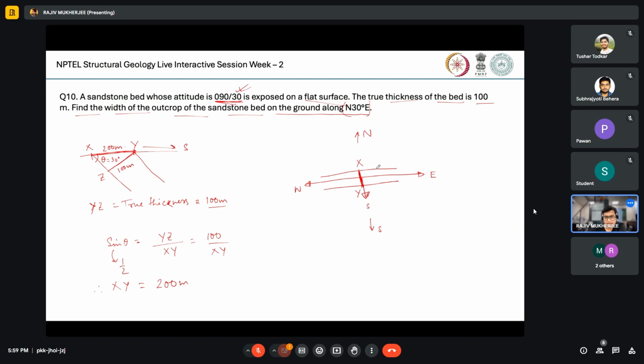We have been asked to calculate the apparent thickness of this outcrop along north 30 degrees east. So if we go 30 degrees from here, and this point is O, we have to calculate the length OY.